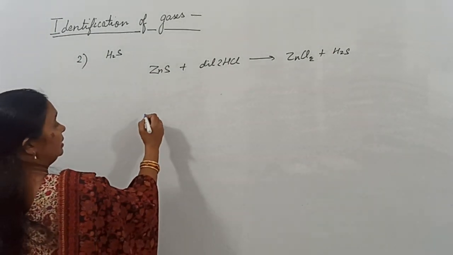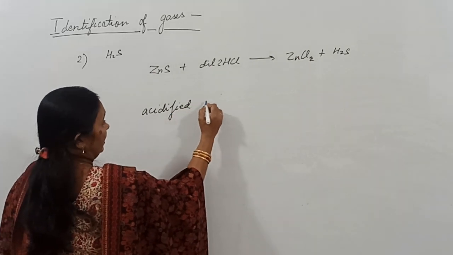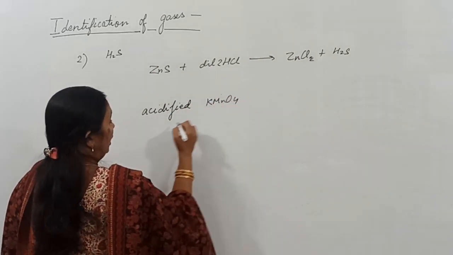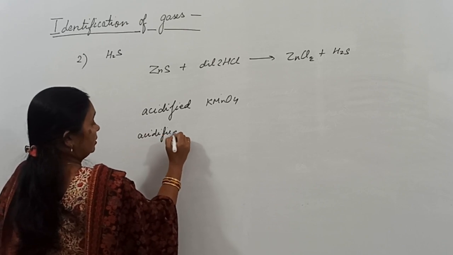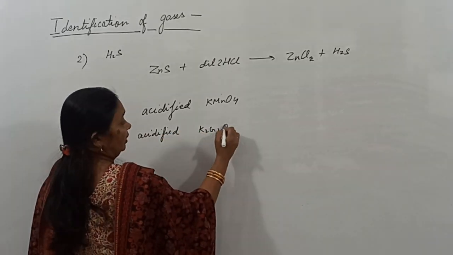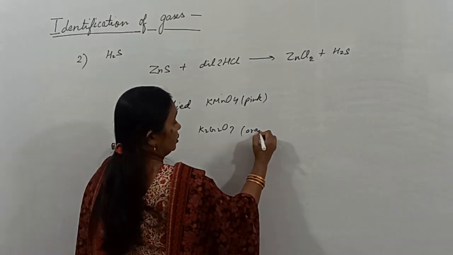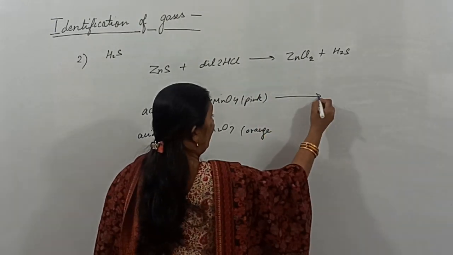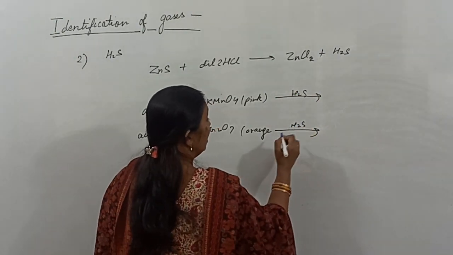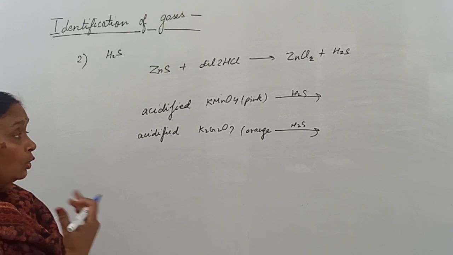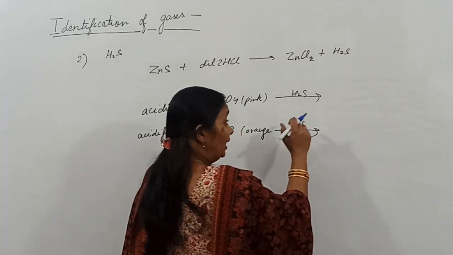When acidified KMnO4 and acidified K2Cr2O7 are taken, this is pink, this is orange.